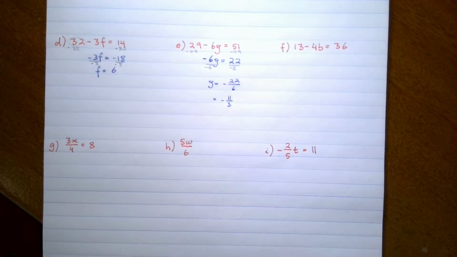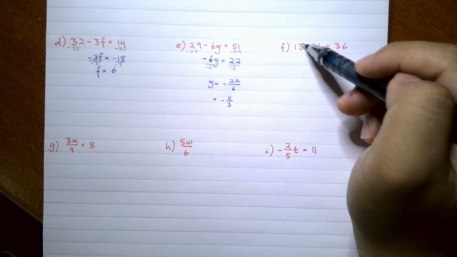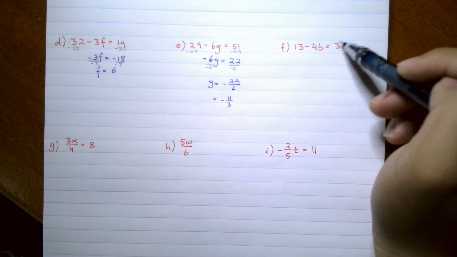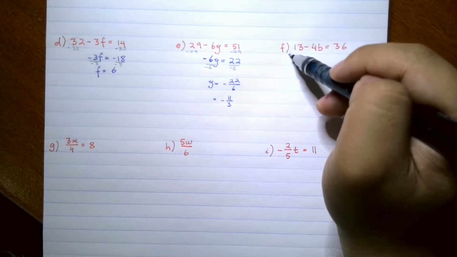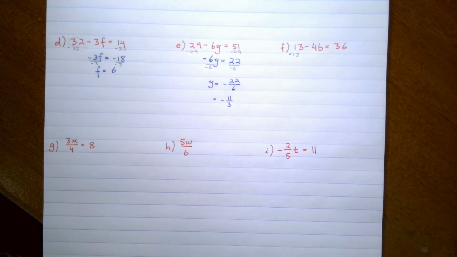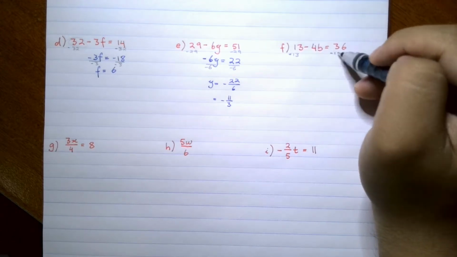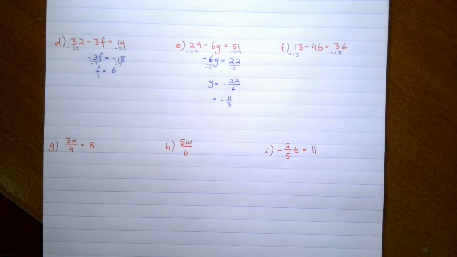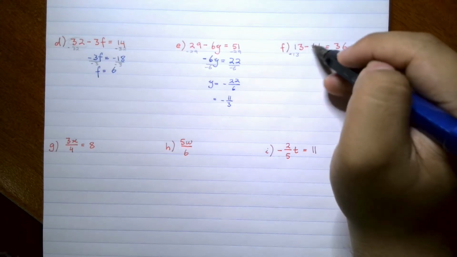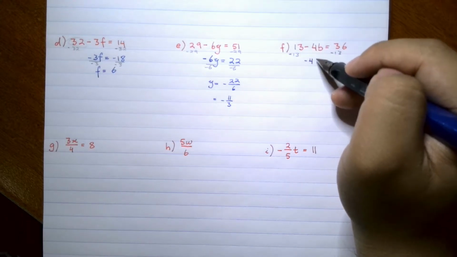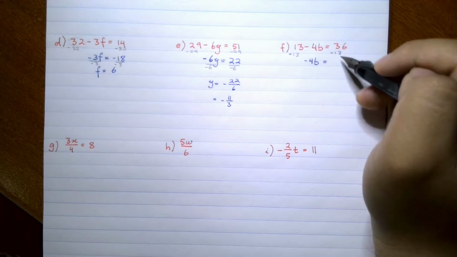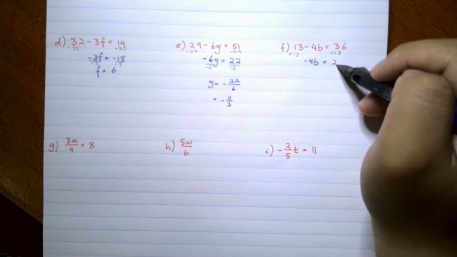Moving right along, we have 13 and 36 here. We need to subtract 13 first from both sides, like so. It leaves us with -4b is equal to 23.